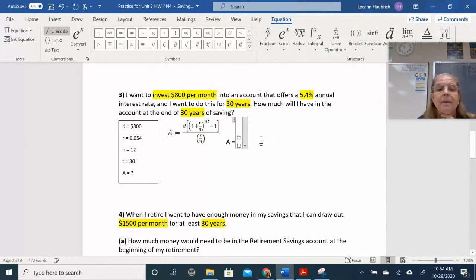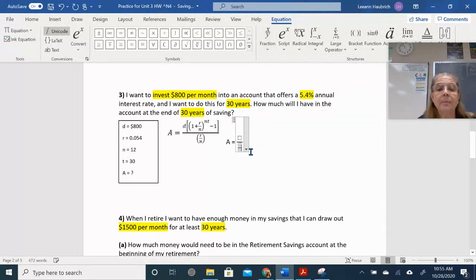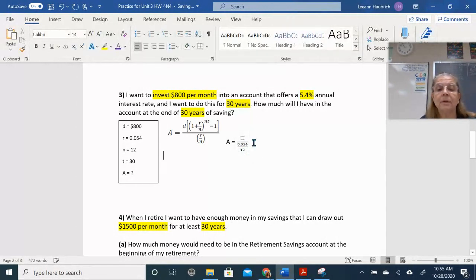And the bottom of the fraction is probably easier to fill in than the top. So within the bottom, I need another fraction. So in the bottom, my rate is 0.054. The number of times is 12. So the bottom of the formula is filled in.